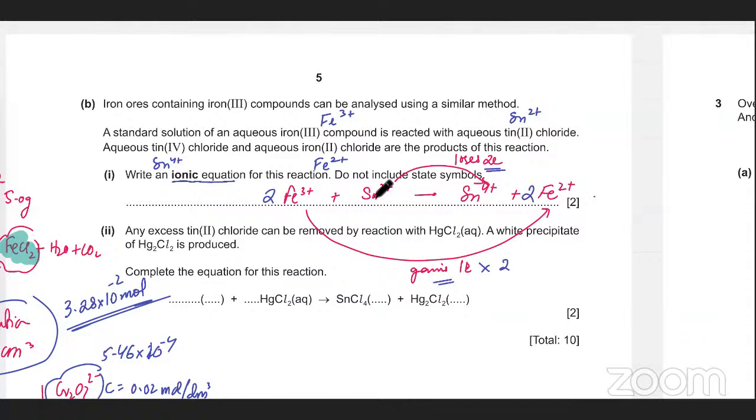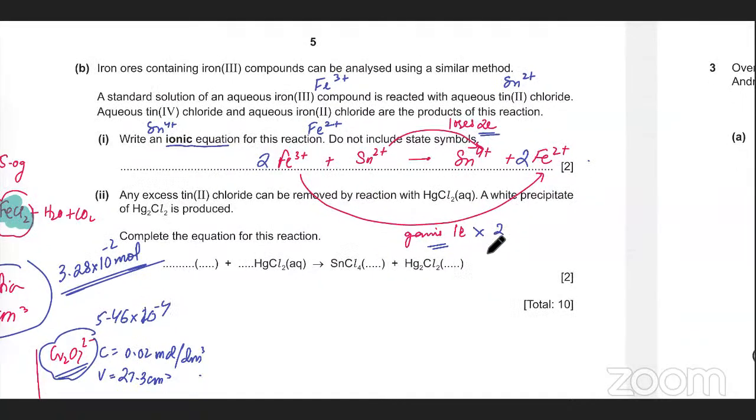They've got to be equal. So always try to use this habit of figuring out who's gaining electrons, getting reduced, and who's losing electrons, getting oxidized. The number of electrons lost and gained must be equal, which is why I multiplied Fe by 2. Is this clear? Yes, sir.